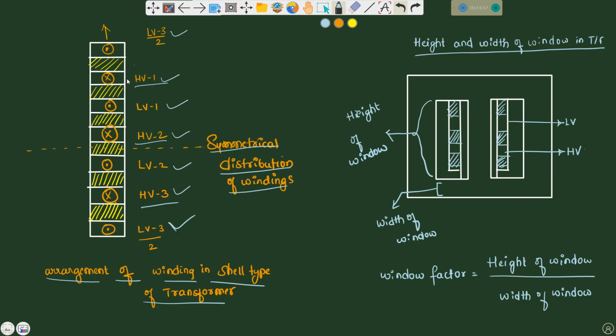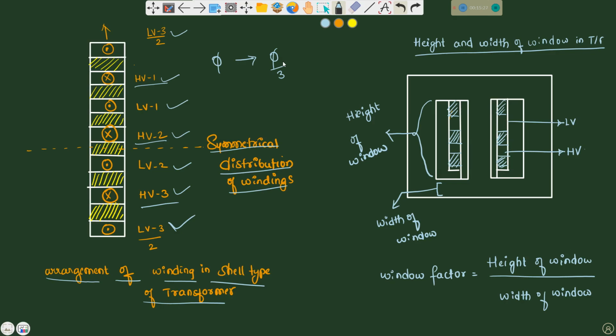If the leakage flux of the total HV winding is phi, then with 3 HV sections, the leakage flux due to each will be phi by 3. Understood? And the same applies for LV also, correct?